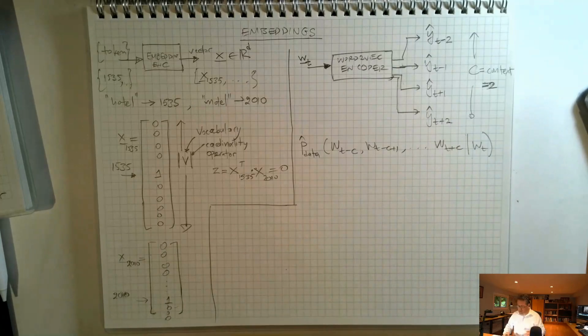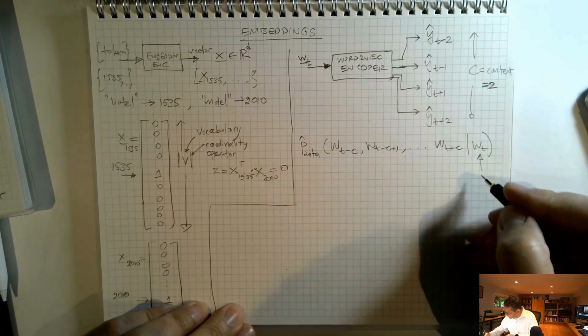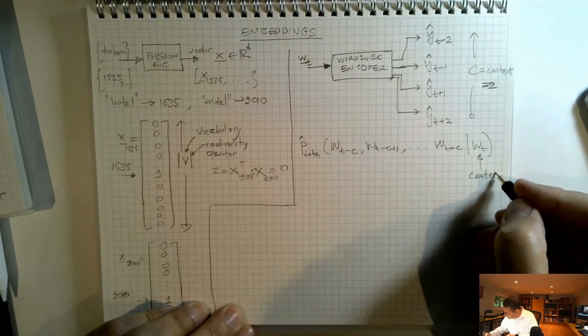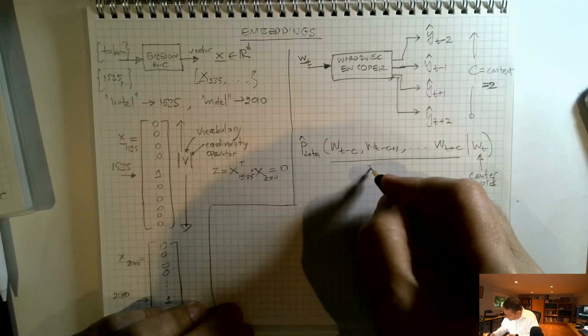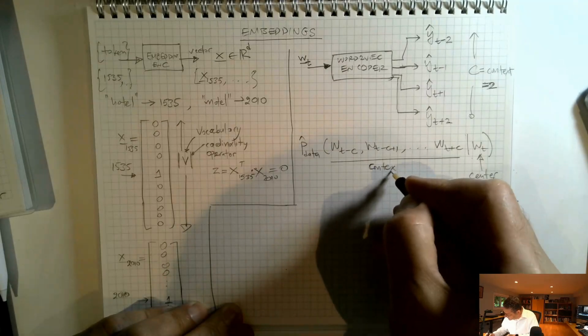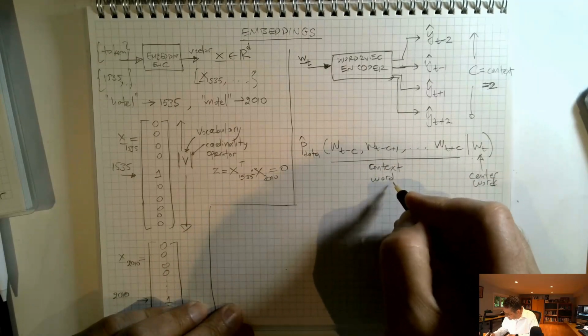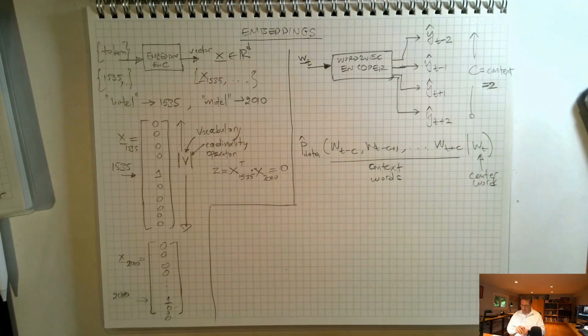So no surprises there that this P data hat is a posterior distribution. So let me call this the center word, and these the context words. And similar to what we have seen earlier, we now need to have a P model. We need to construct a hypothesis.